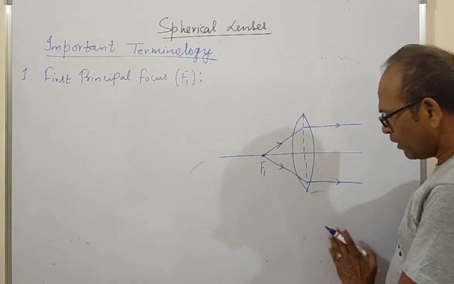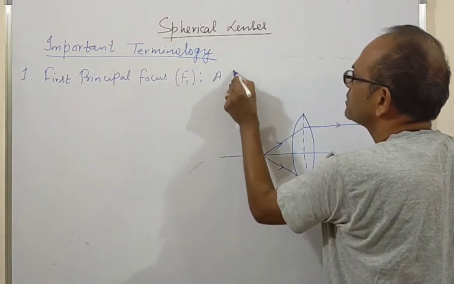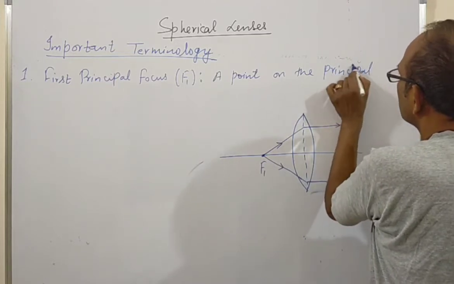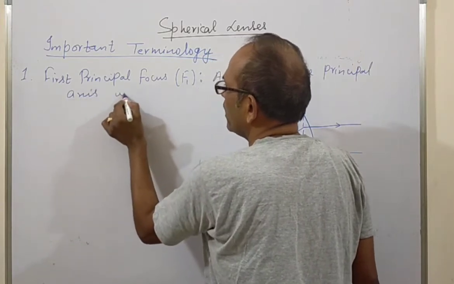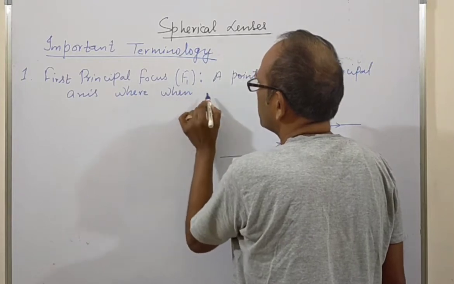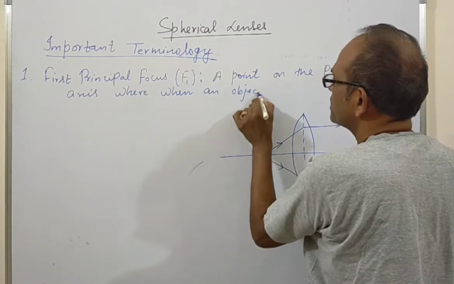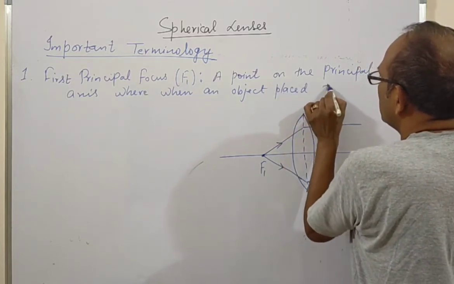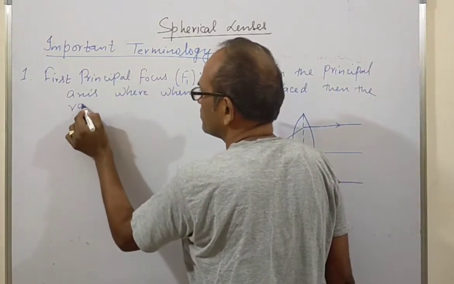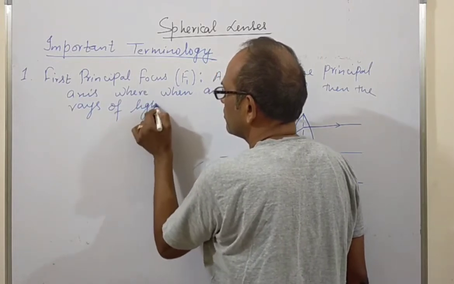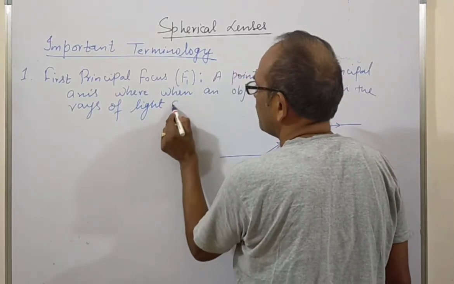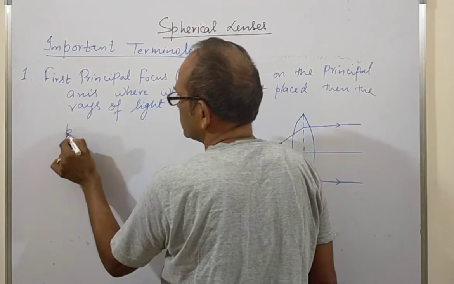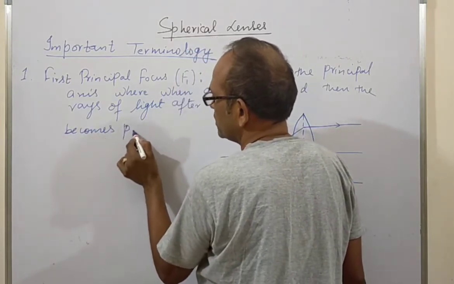Okay, so what about a point on the principal axis where, when an object is placed, when we say object, it is a source of light, then the rays of light after refraction become parallel to the principal axis?